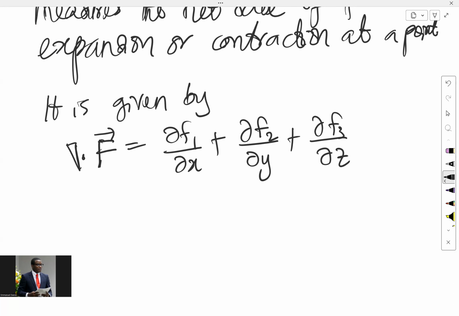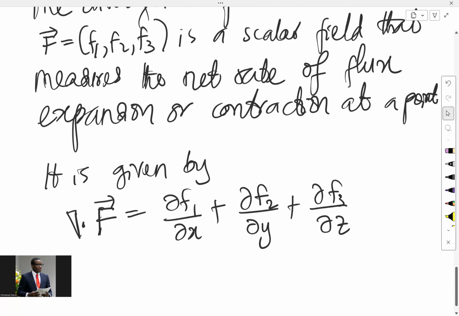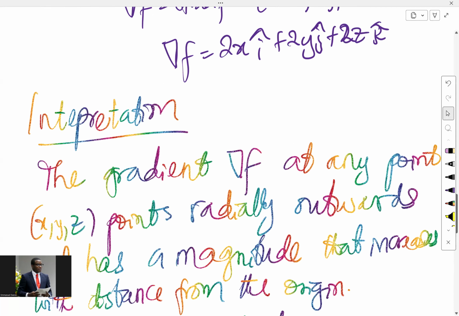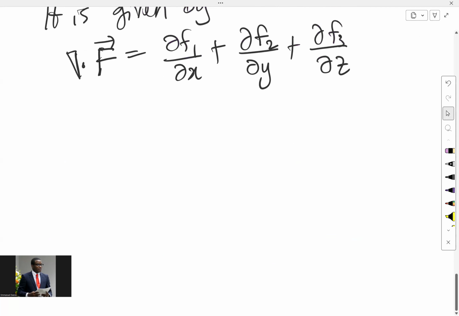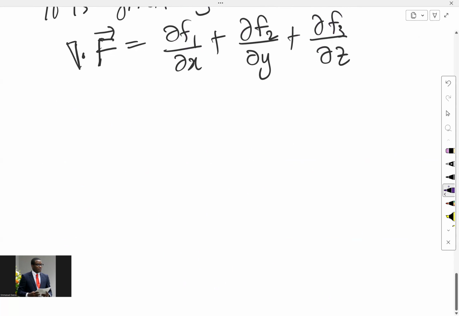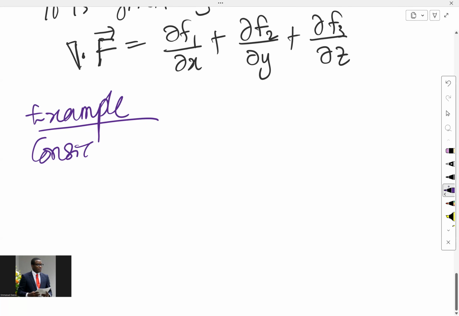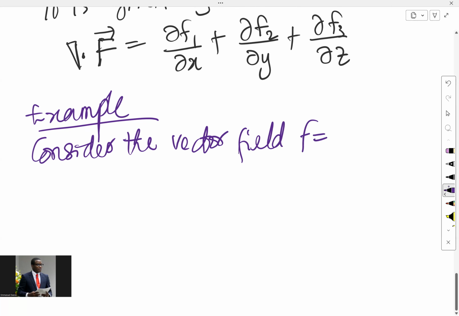Okay? So for example, consider the vector field F, which is x squared, y squared, z squared.